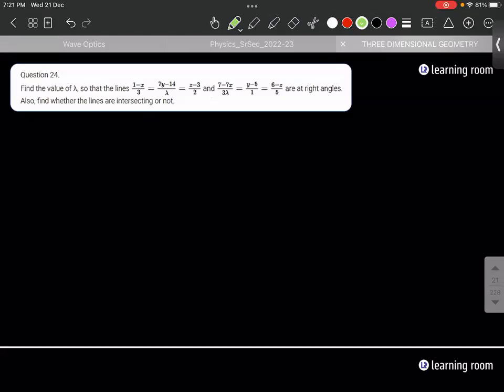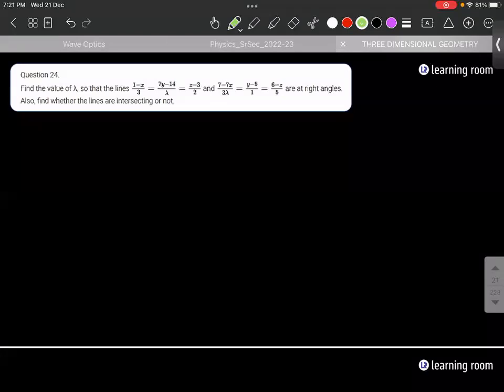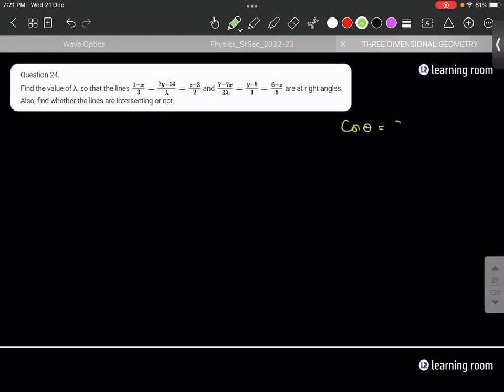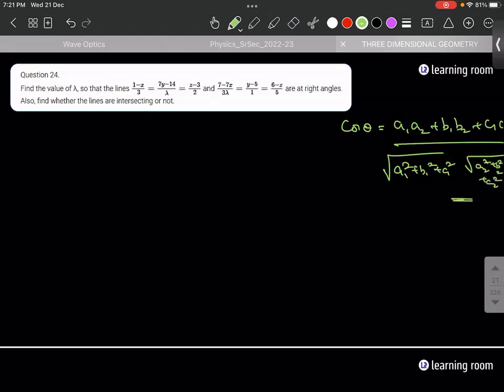A dot B by magnitude of A by magnitude of B. Basically, cos theta will be equal to A1 A2 plus B1 B2 plus C1 C2 divided by root of A1 square plus B1 square plus C1 square into root of A2 square plus B2 square plus C2 square.